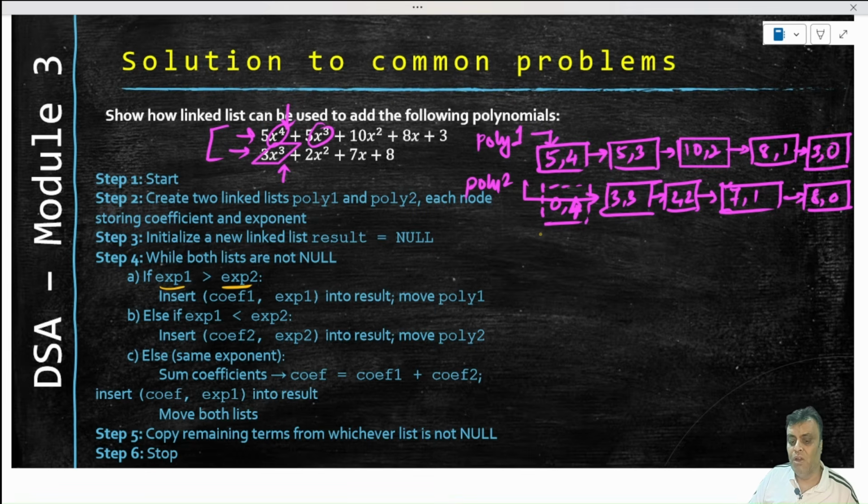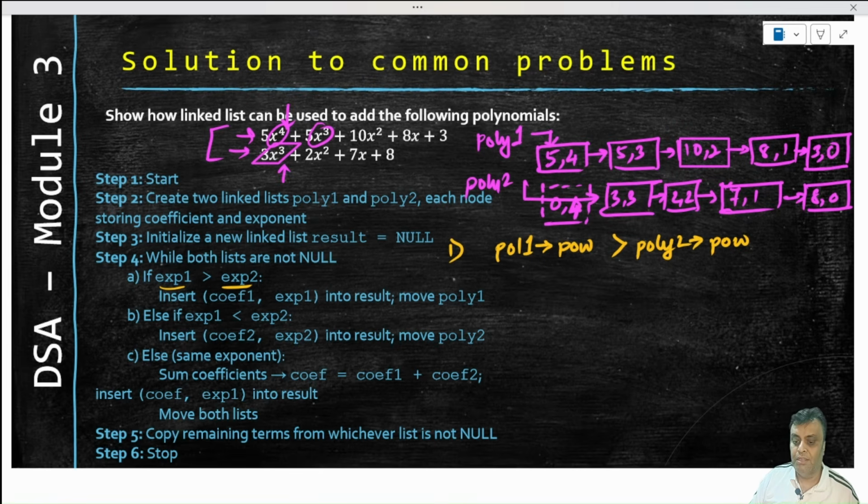So if polynomial 1's power, that is our case 1, is greater than polynomial 2's power, then we need to create a resultant polynomial which will add 5 with 0 and keep 4 as same.